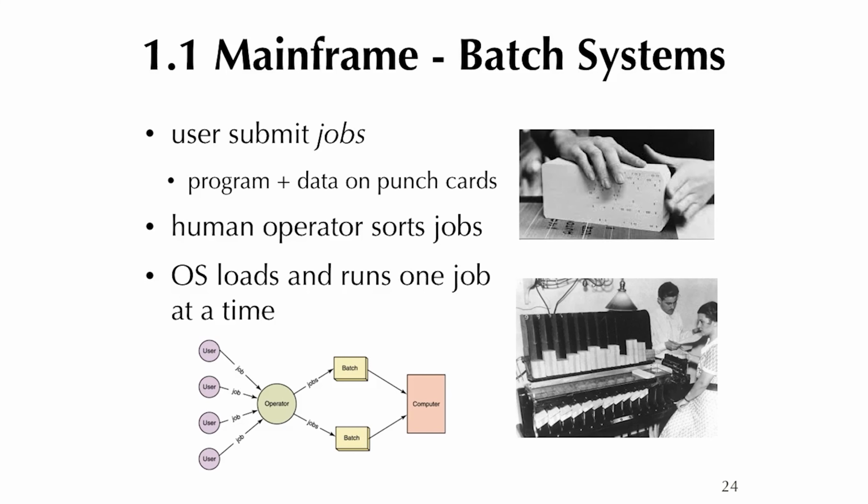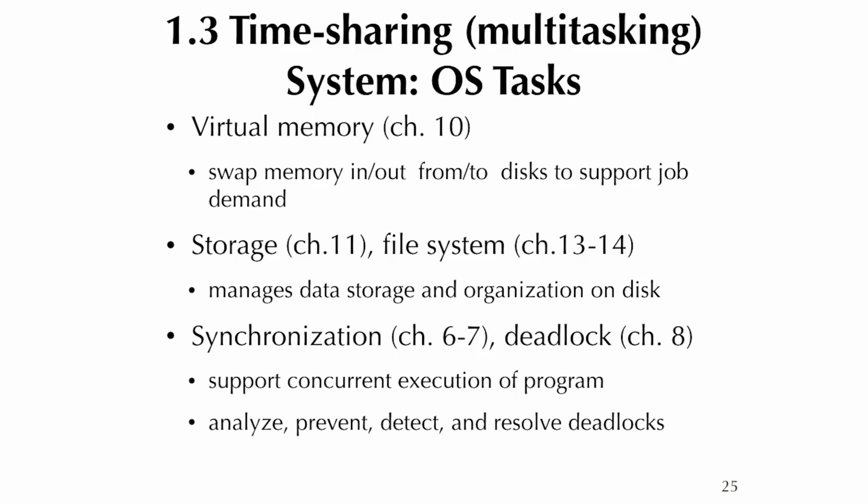Certainly this is not fun to work with, right? So then time sharing comes in, and that's possible only after you have more powerful processors and more memory, right? So instead of loading just one at a time and running to completion, you load maybe several at a time, and then they might be switching.